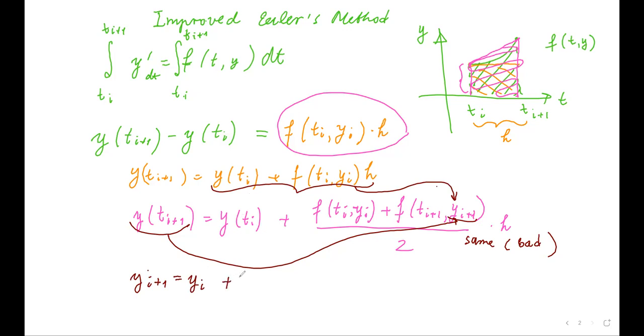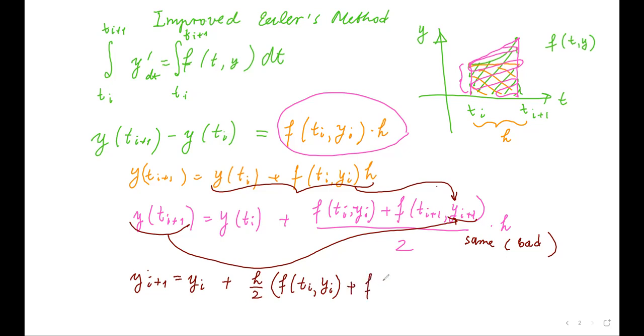Plus, how about I write down step over 2 in front and then put this in parentheses. So f of t i, y i, and we do know them from the previous step, right? To calculate the next step, we do know what t and y are. Well, we know t for all the steps, plus f.